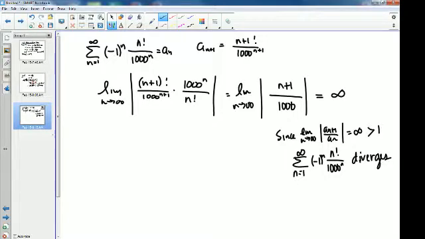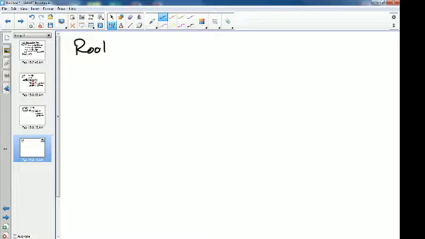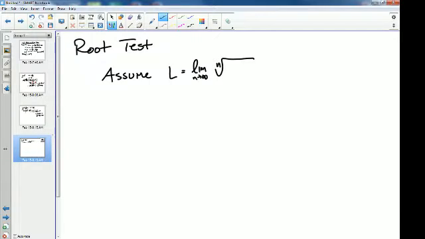The root test is very nice, especially when we have roots. Okay, so the root test. Assume the limit exists.